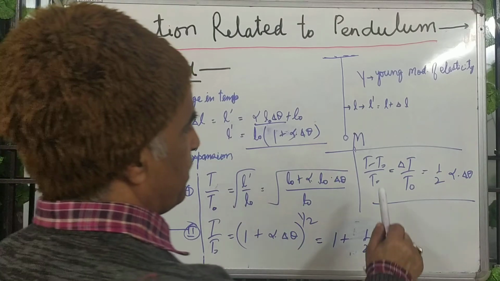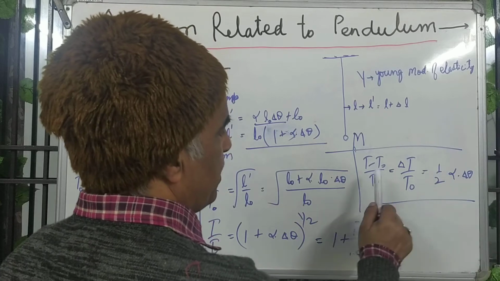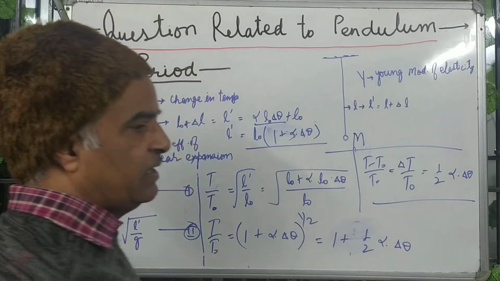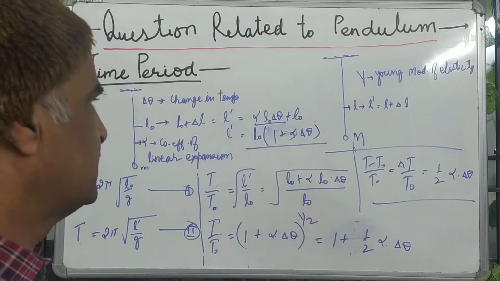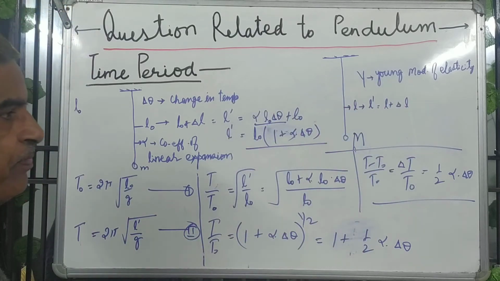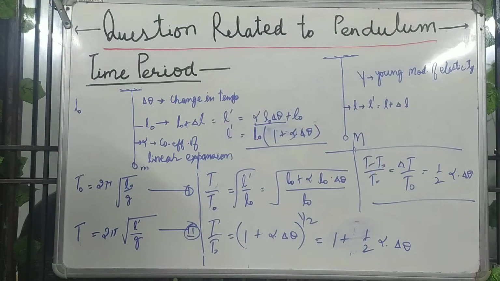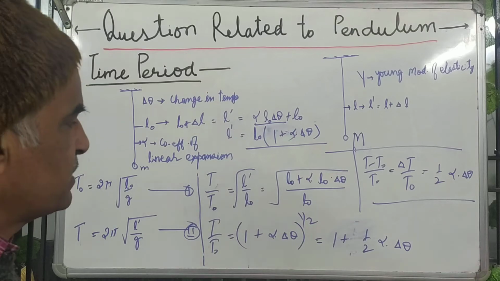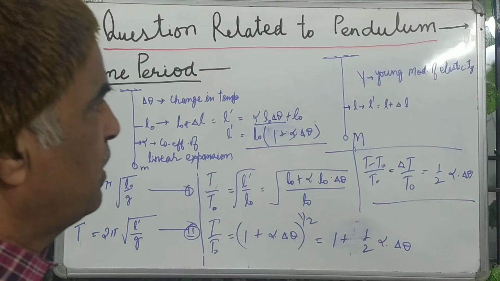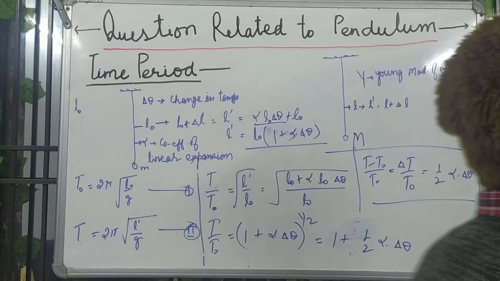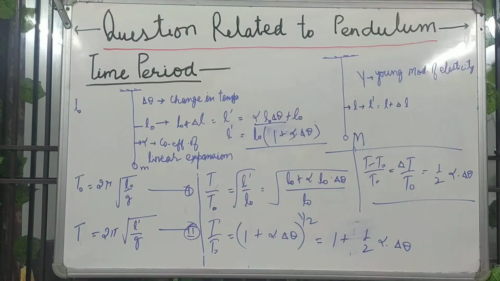If multiplied by 100, that will be the percentage change. So this is the question, and if you have any doubt, please clear it. And the next question I am going to teach you.